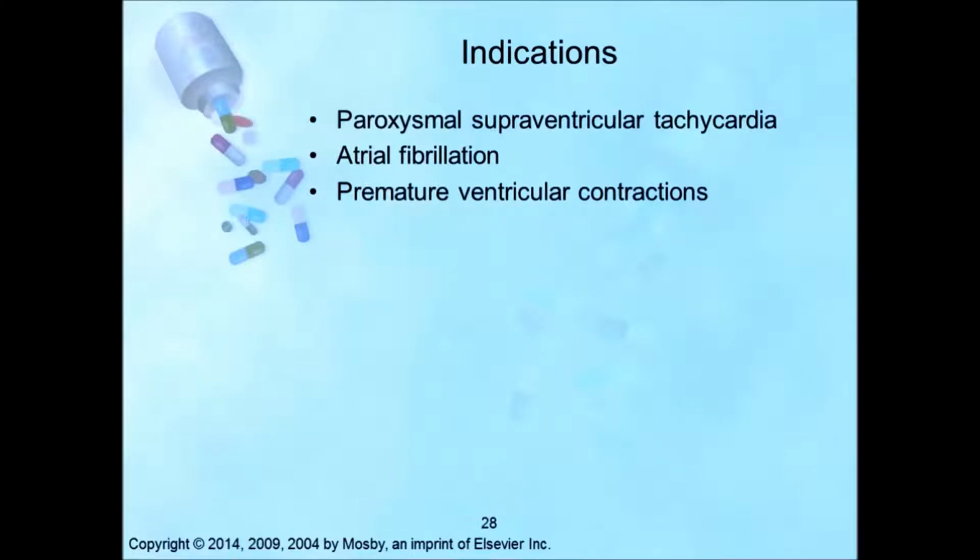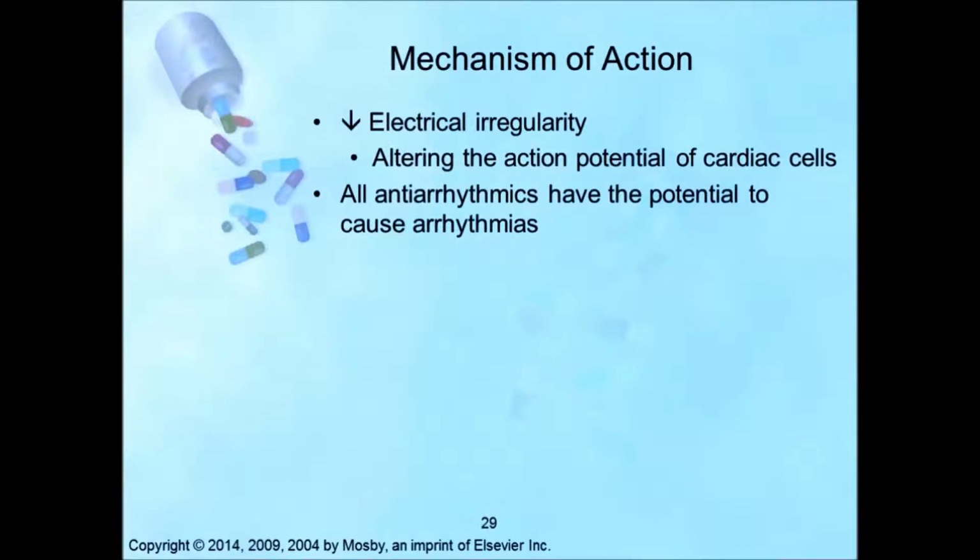So what are these medications used for? Their indications are for paroxysmal supraventricular tachycardia, atrial fibrillation, and premature ventricular contractions. Again, they decrease electrical irregularity by altering the action potential of cardiac cells.